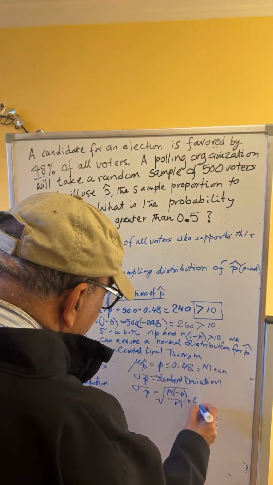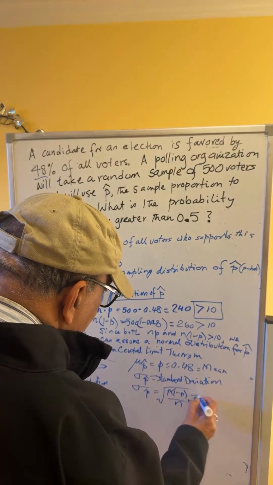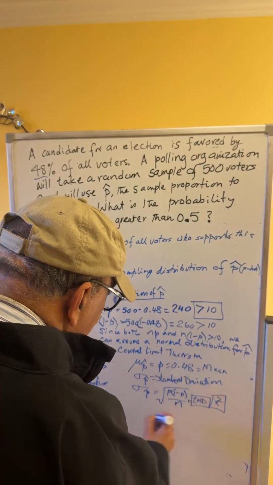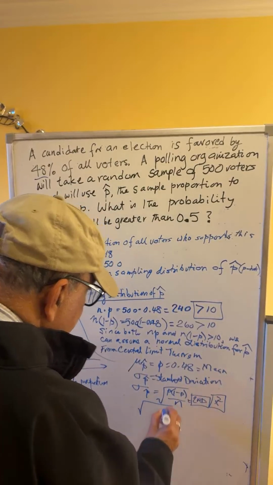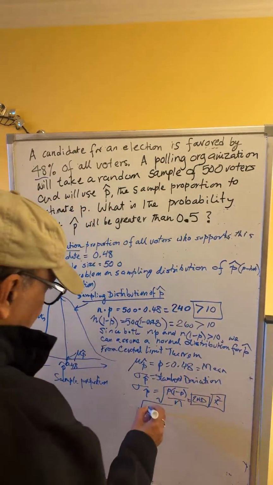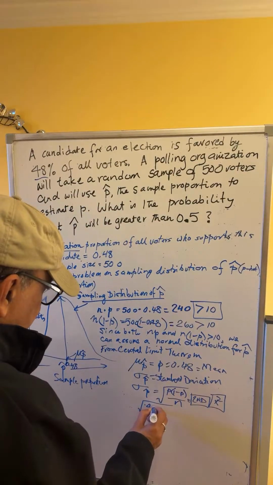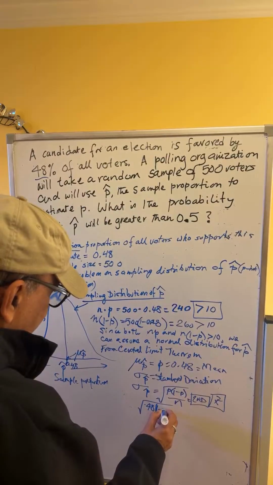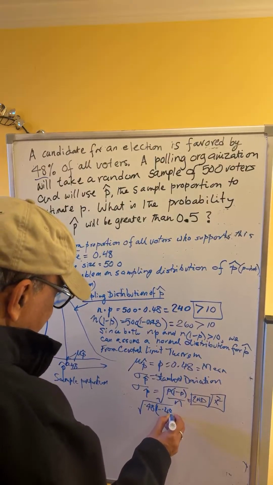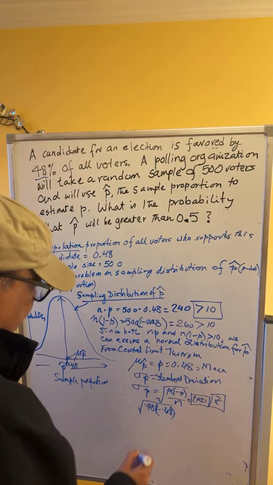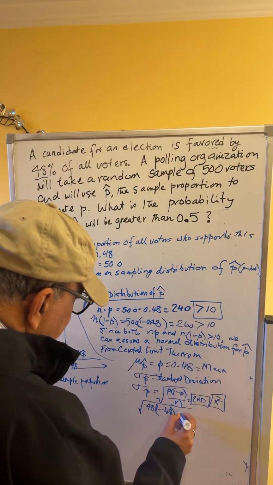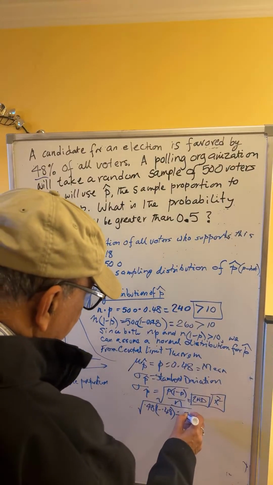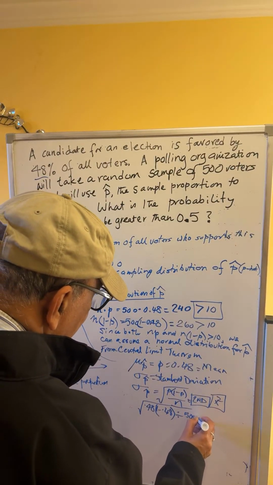We'll press the second button and then the x square button to get the square root. Inside the square root, first we will type the p value, which is 0.48, then left parenthesis 1 minus 0.48, then right parenthesis, and that has to be divided by n. n is 500, and then you enter.